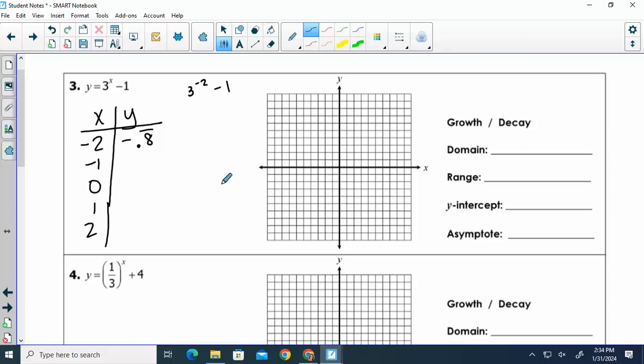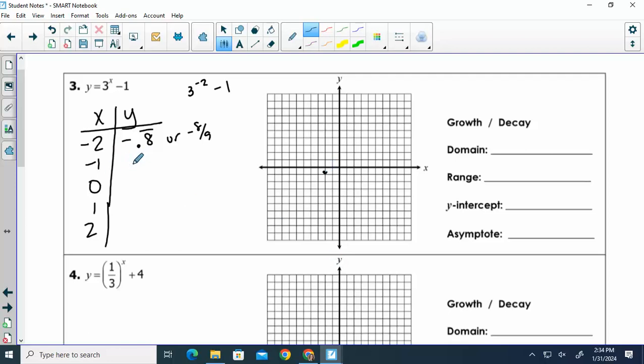Yeah, you can do a fraction if you want. If you do the fraction, you have negative 8/9, so either one. So for negative 2, I'm getting some decimal that's close to negative 1, but not quite.